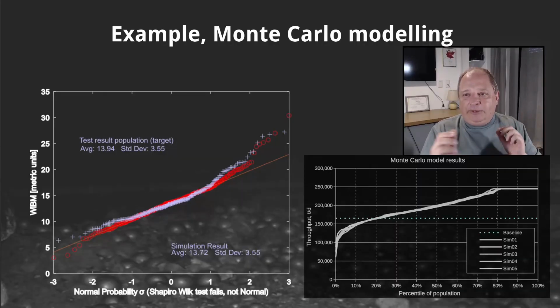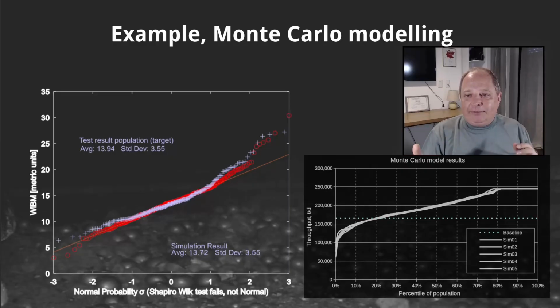What I'm trying to do is tweak the inputs to the Monte Carlo model, which is what you see in red, so that it matches reasonably close to the blue crosses. So I'm trying to come up with a population in the Monte Carlo feed that matches the population we observed in the large work index program.